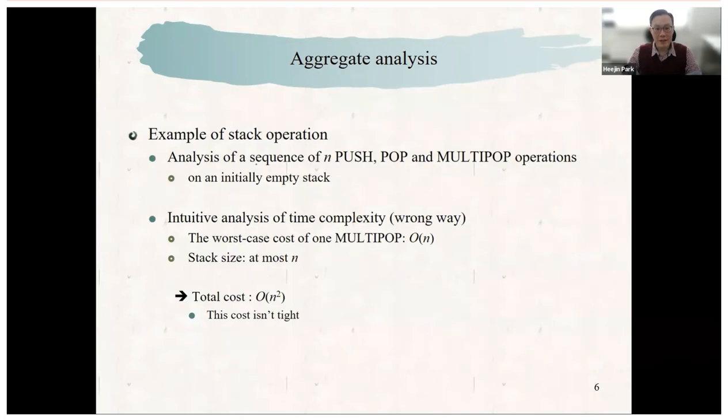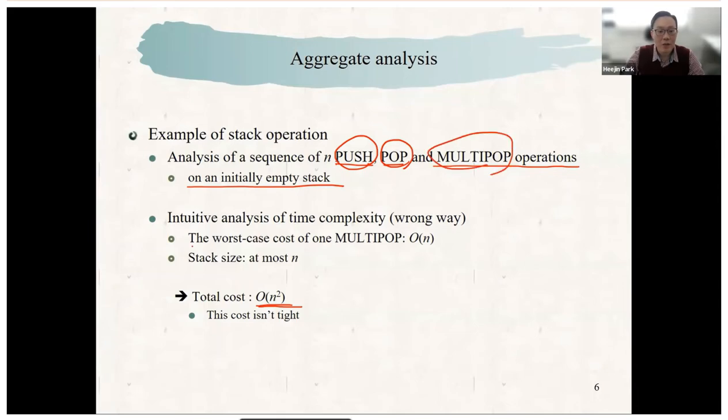Now let's analyze n operations consisting of push, pop, and multipop operations, where initially the stack is empty. An intuitive analysis of the time complexity is big O of n squared. Why? There are n operations, and the worst case cost of one multipop is big O of n.